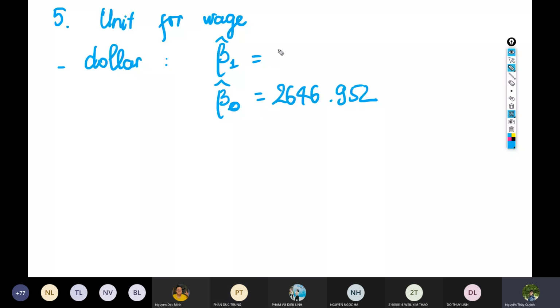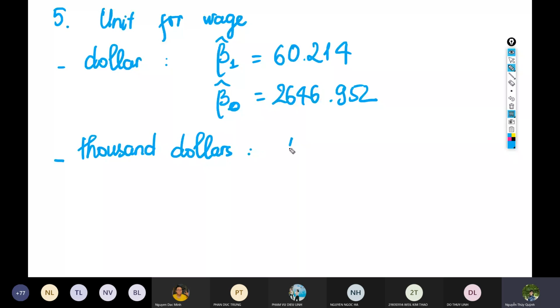All right. So now if we use the measurement unit of $1,000, what is the value of beta 1 hat and beta 0 hat?